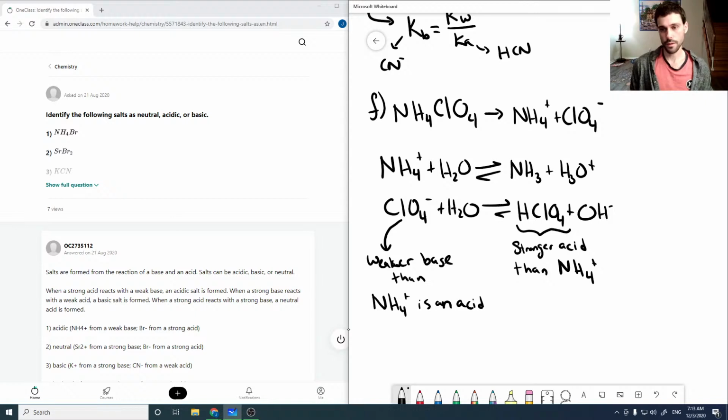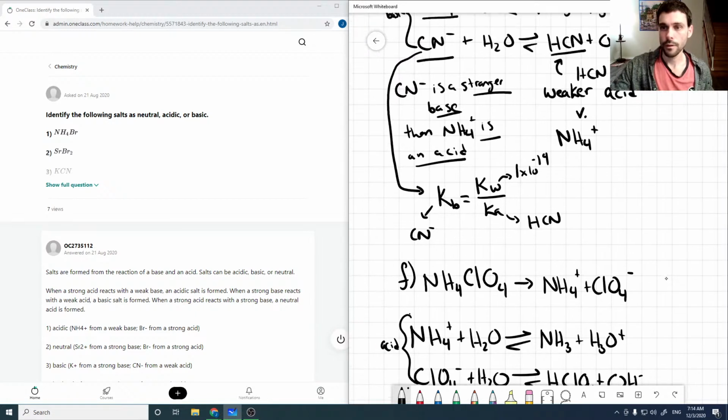Okay, so that means if this is a weaker base than this is an acid, then the whole solution will be acidic. I guess I should have written that somewhere.